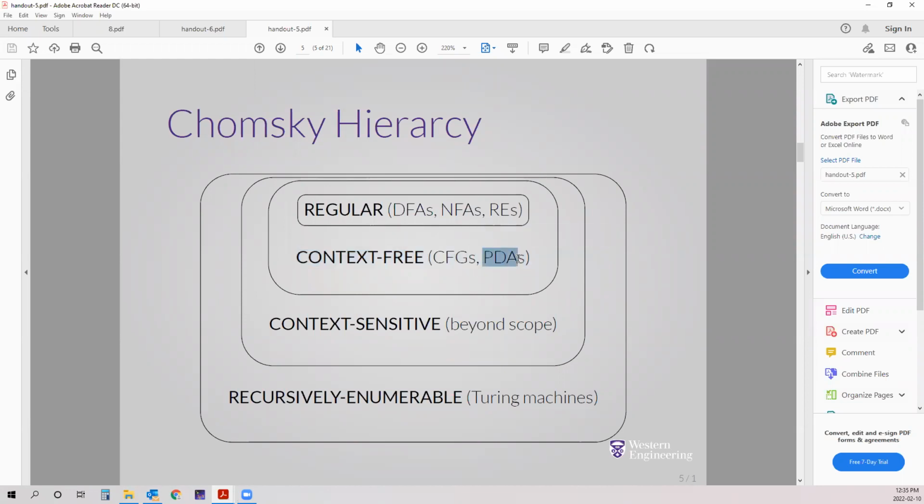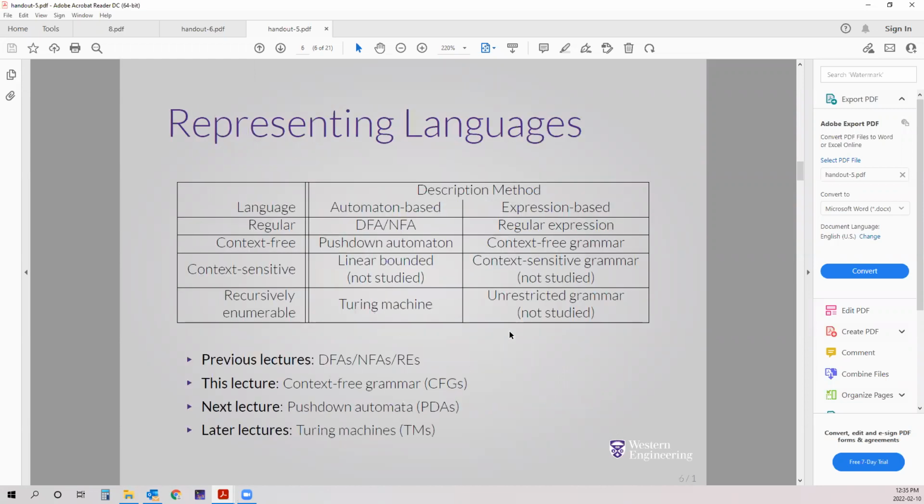Today we will study the second part, which is the push-down automata. We said that the context sensitive is beyond our scope, and for recursively enumerable, we will study only one topic, which is the Turing machine. You see here, this will not be studied.